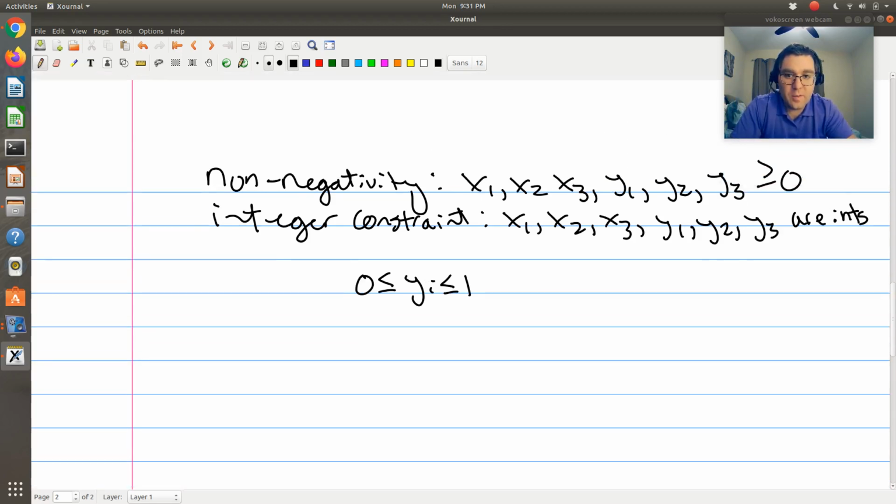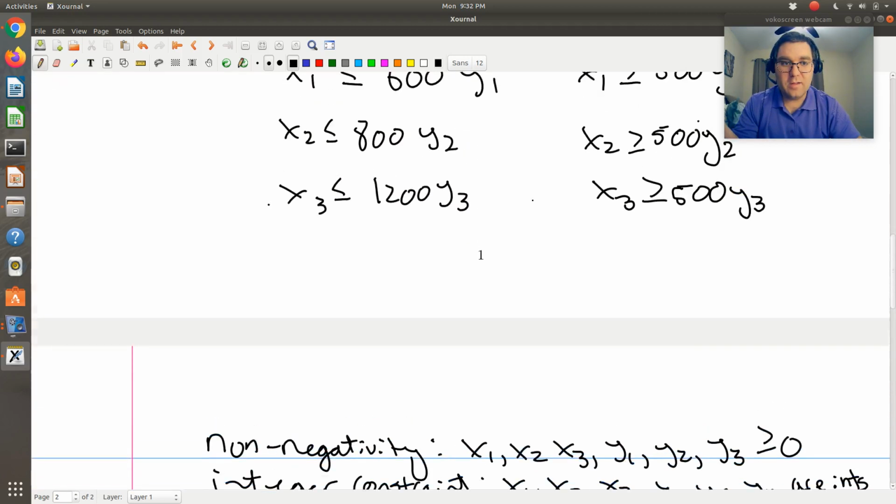I'm already applying non-negativity, so I'm already requiring that y1, y2, and y3 are greater than or equal to 0. So to get this to work, I'll apply the constraint that y1, y2, and y3 are all less than or equal to 1.